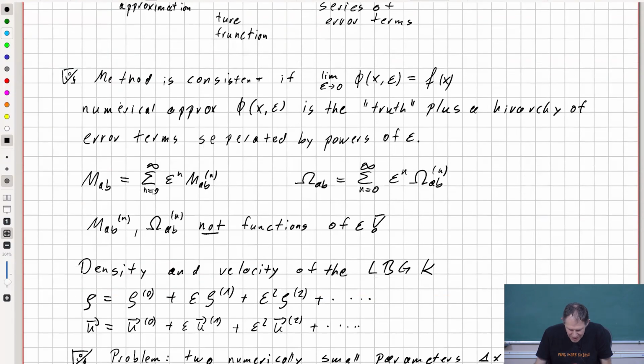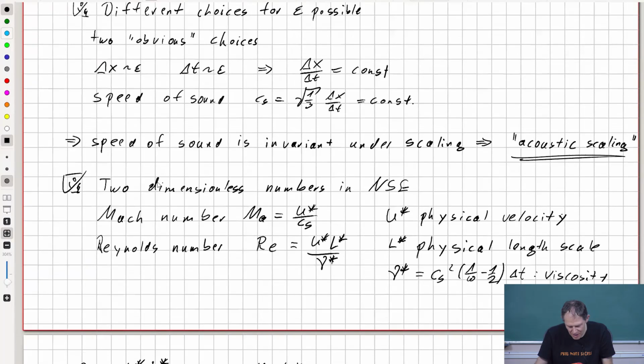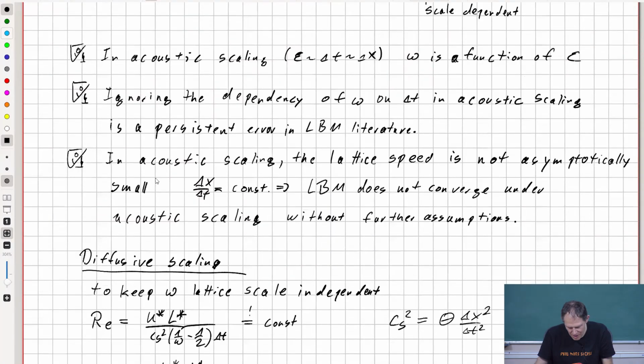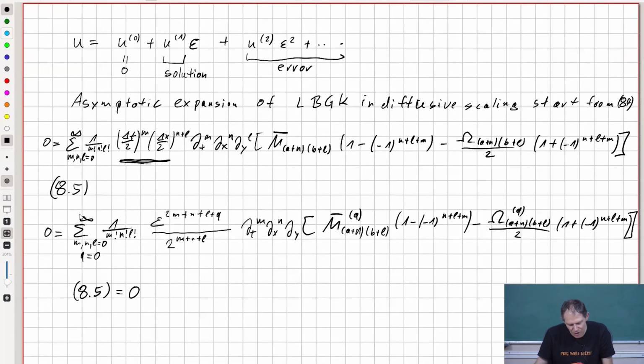You see, unfortunately I called it n here, but I've used n already. So we have this moment, and this moment is expanded in the power series of epsilon to the q times the q-th order of MAB. So this sum is now included into this. I don't want to write 4 sums here. Yeah, clear?